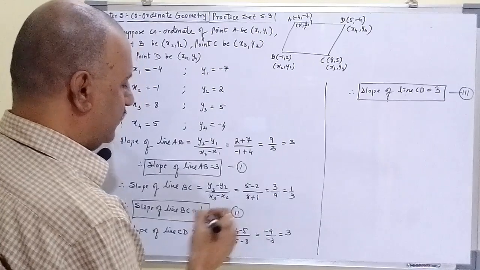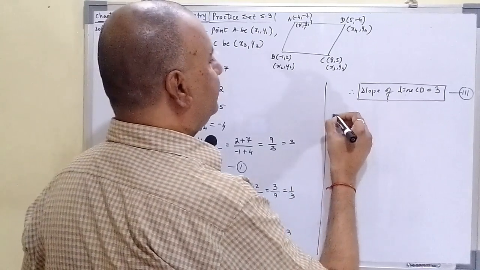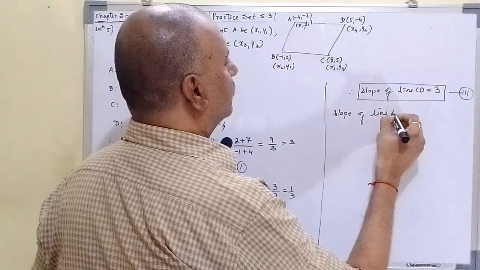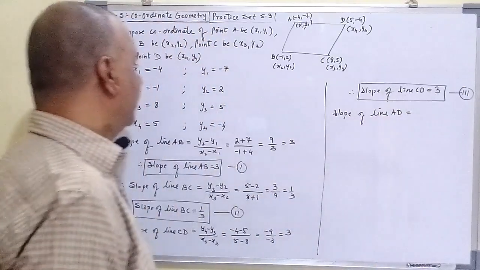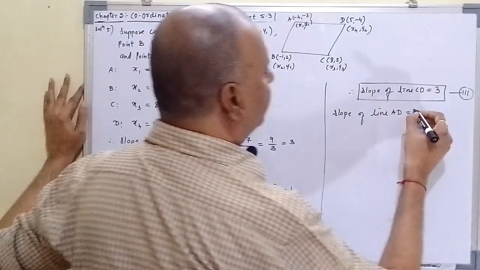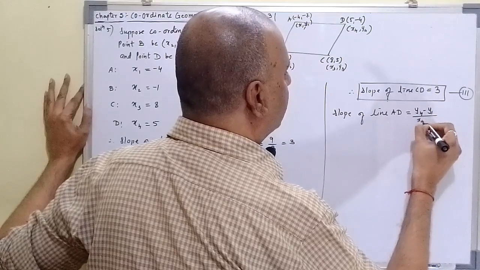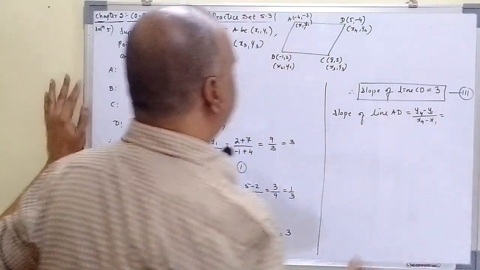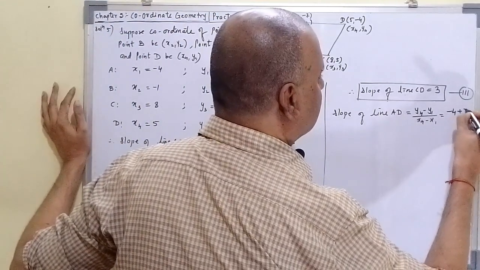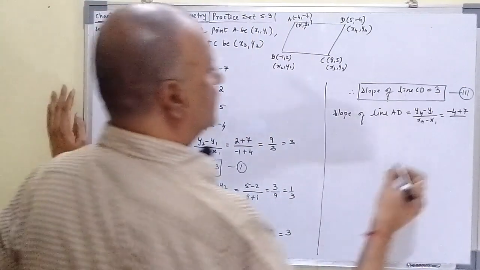ये point. Last now, slope of line AD. A and D is this, y4 minus y1 upon x4 minus x1. y4 कितना है? minus 4 minus minus plus 7 upon 5 plus 4.